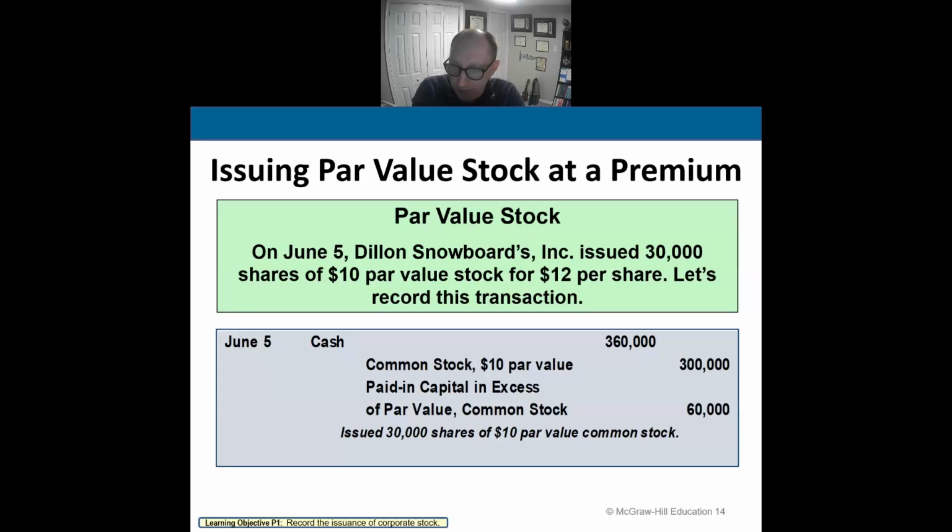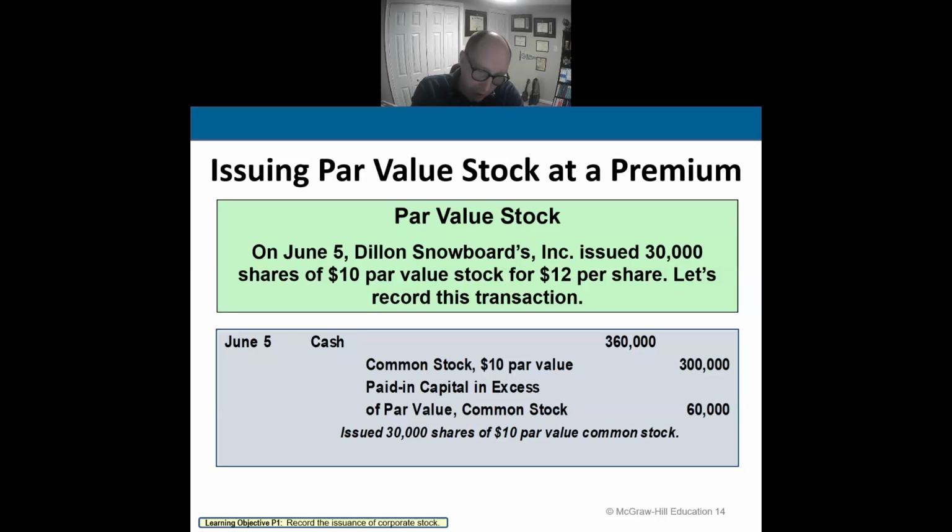Par value is 10. So we need to show the difference. The difference obviously is $2 per share, but that difference is what we called paid in capital in excess. In excess, meaning the company is essentially retaining an additional amount over the par value.